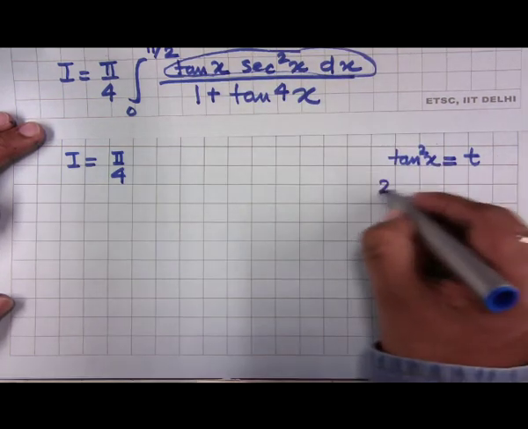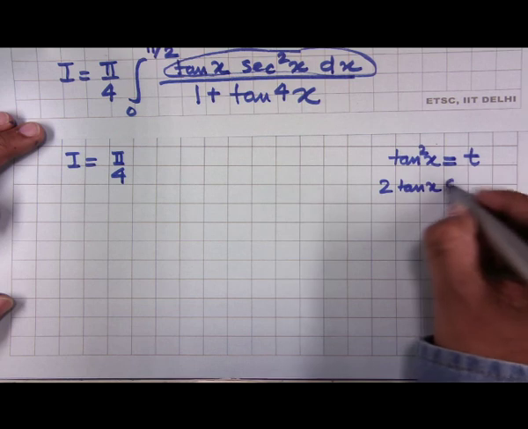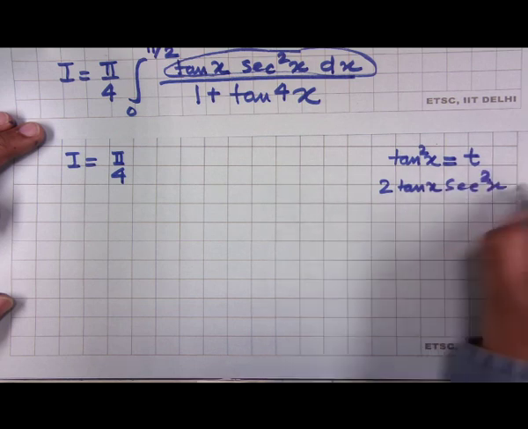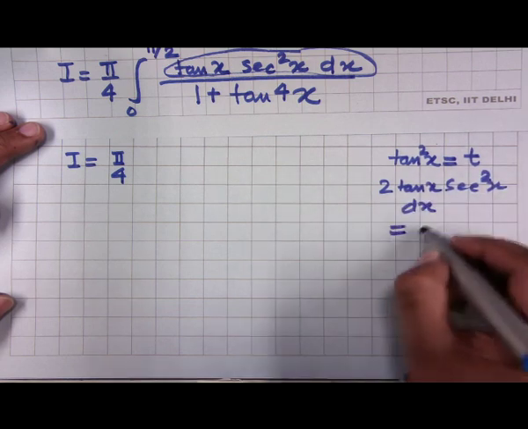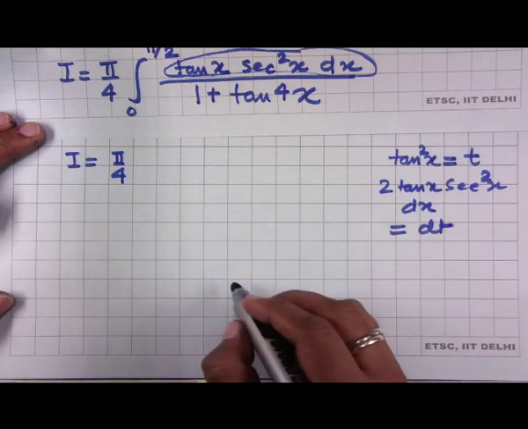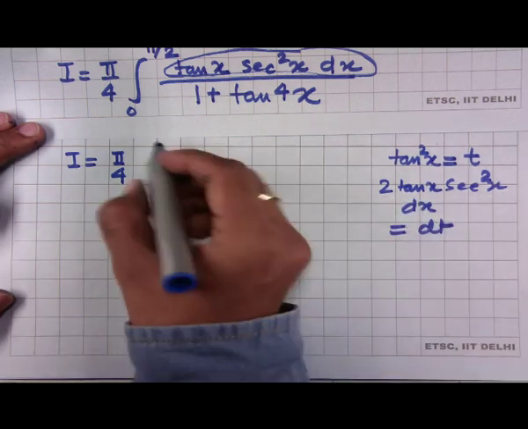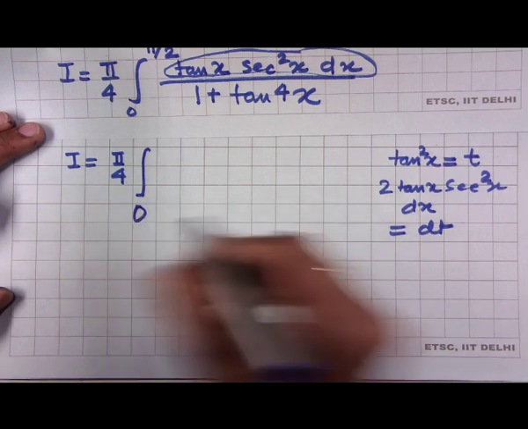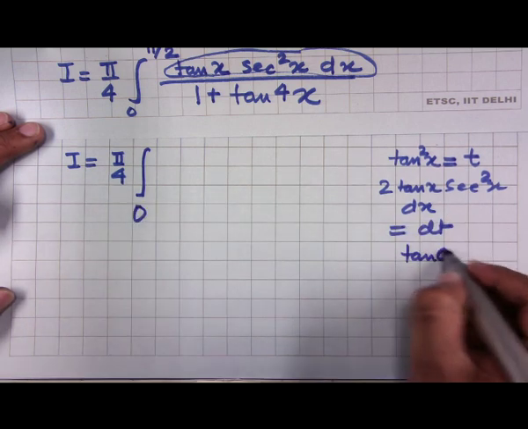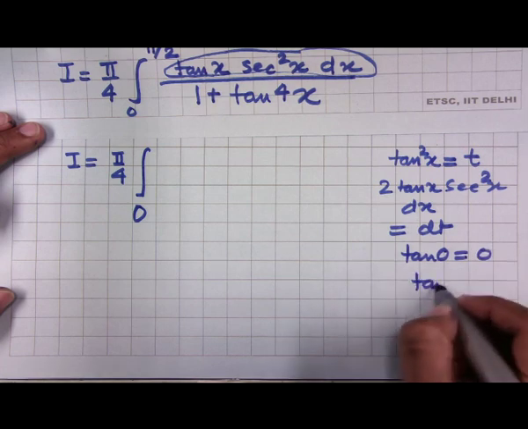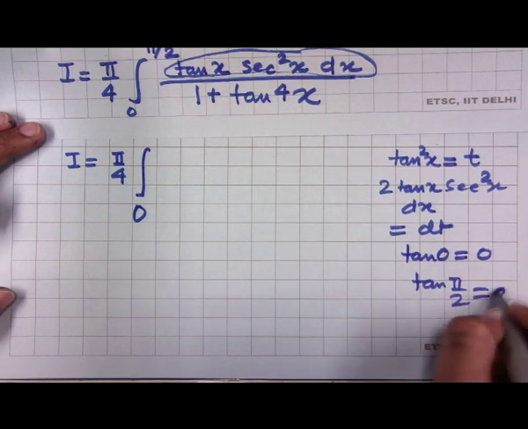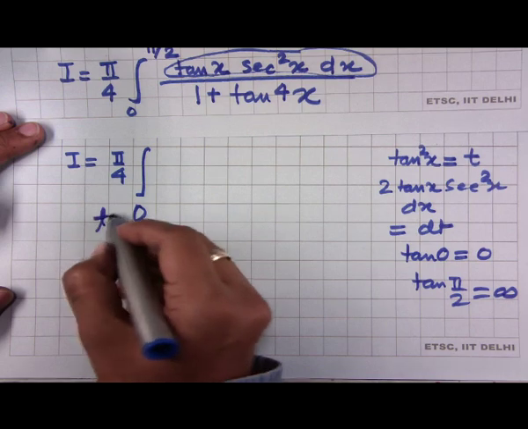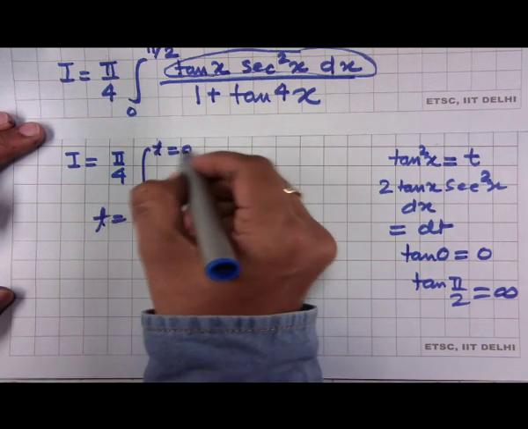So you get 2 tan x sec square x dx is equal to dt. So tan x sec square x dx is 1 by 2 dt. Tan 0 is 0, tan pi by 2 is infinity, so limits will be from 0 to infinity.